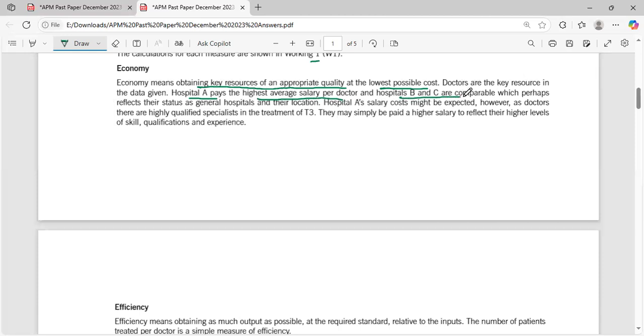Hospital B and C are comparable, which perhaps reflects their status as general hospitals and their locations. Hospital A's salary cost might be expected, however, as doctors there are highly qualified specialists in treatment of T3. They may simply be paid a higher salary to reflect their higher level of skills, qualification, and experience.